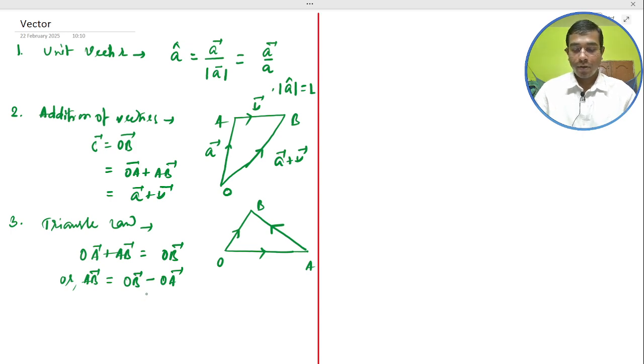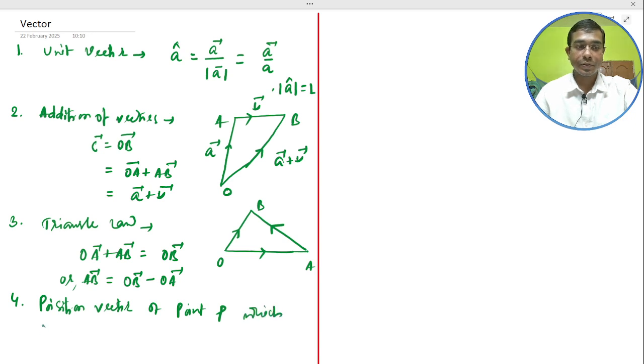Next, the position vector of point P which divides line AB in the ratio m is to n. Very important. Number 4, I just write here the position vector of point P which divides line AB in the ratio m is to n.